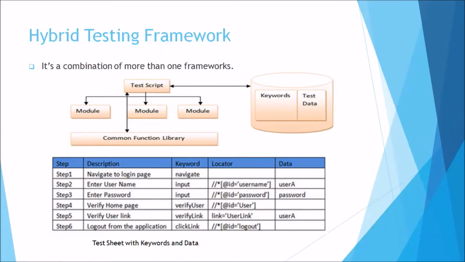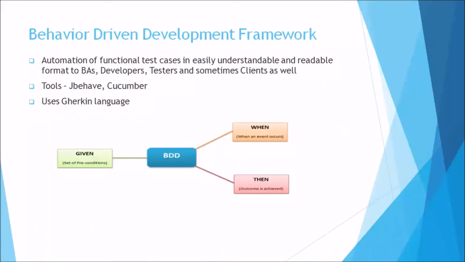Fine. And the last one is behavior driven development framework. Okay, so here basically this is used in cases when we want the business analysts and even sometimes the clients to understand what we are testing.